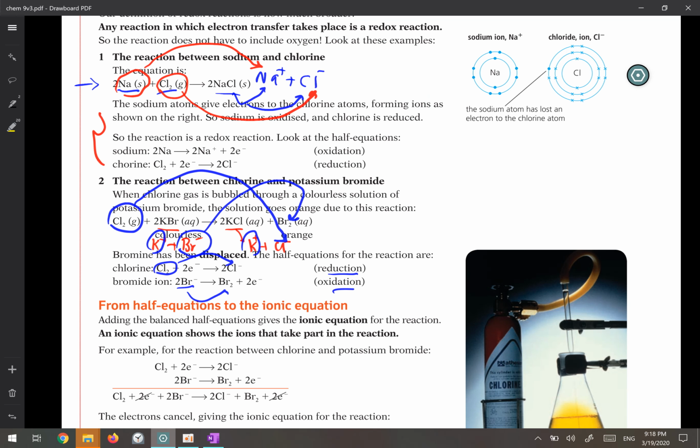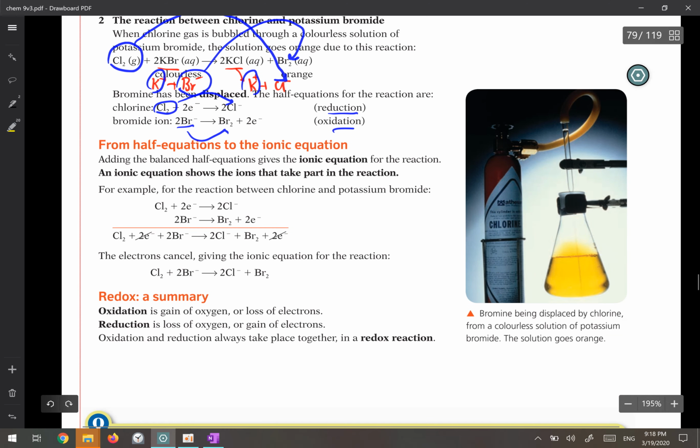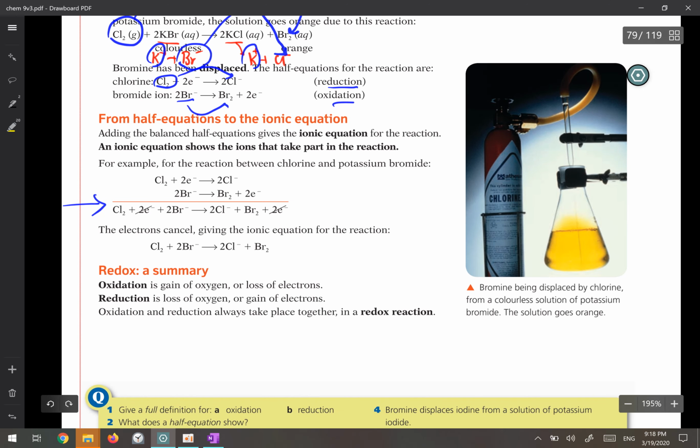Let's go back to your book. Okay, so what is written here I have just explained to you. So in the summary it says oxidation is gain of oxygen or loss of electrons, or what was another definition? Loss of hydrogen.